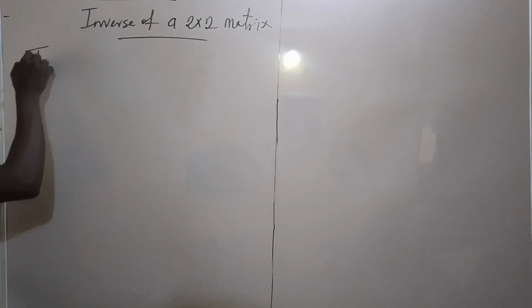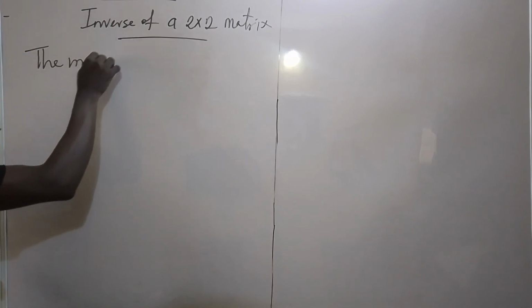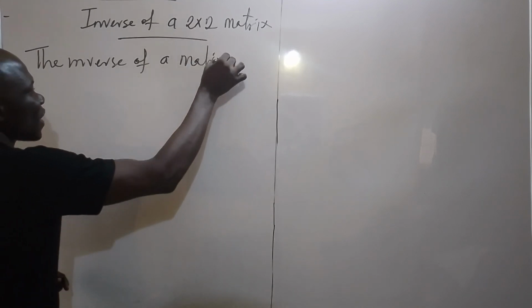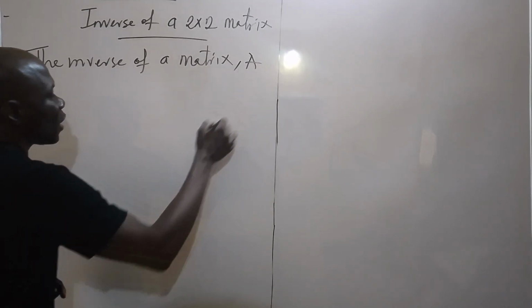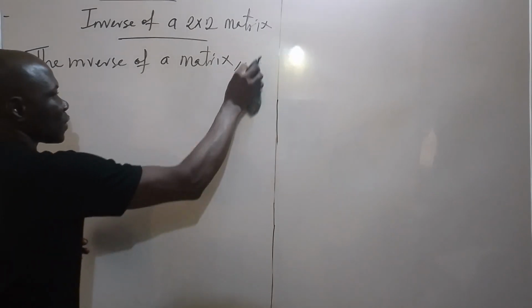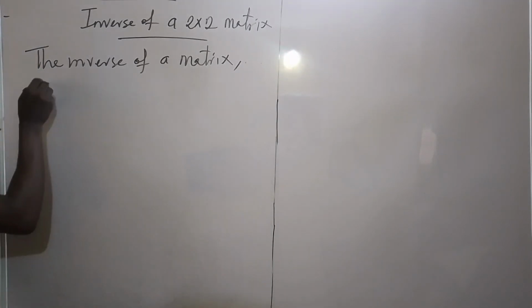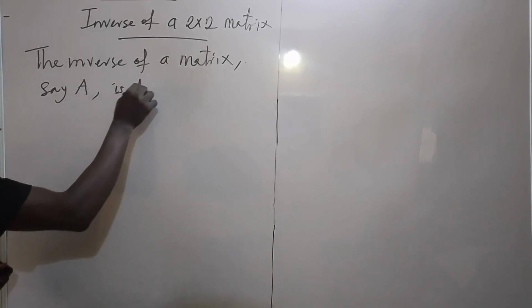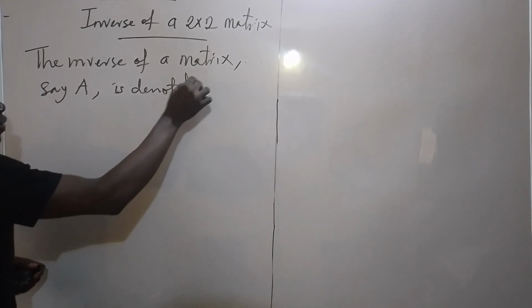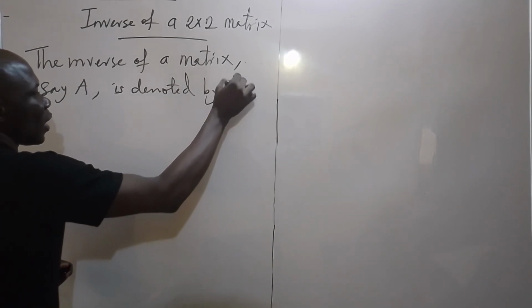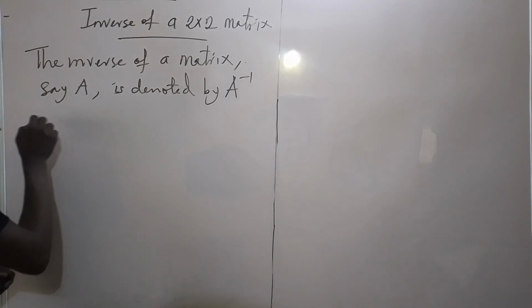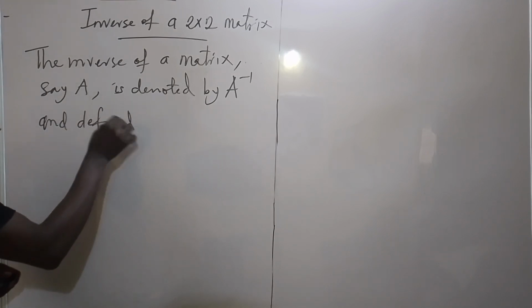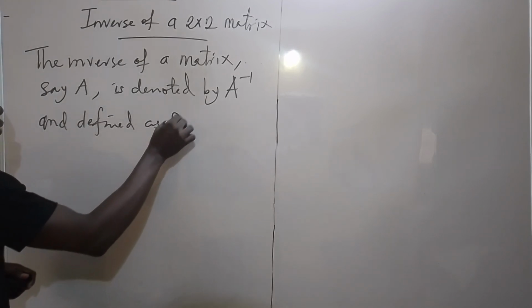Now, the inverse of a matrix, let's say matrix A, is denoted by A inverse and defined as follows.